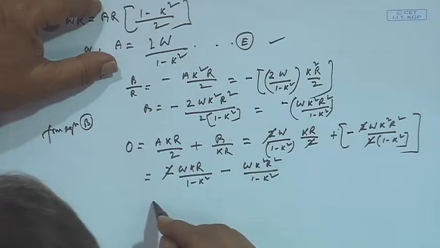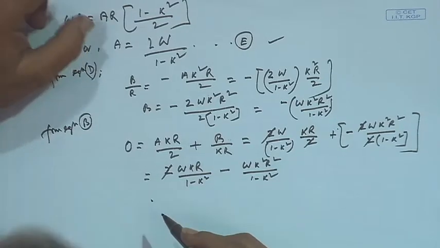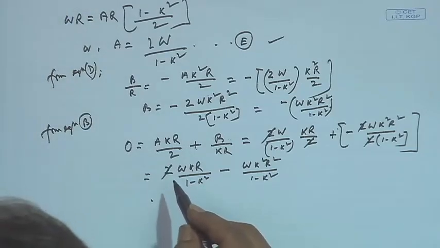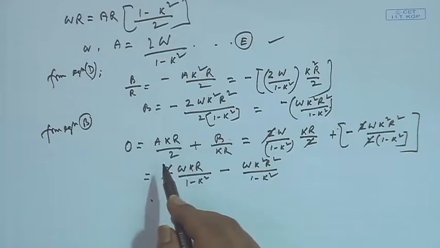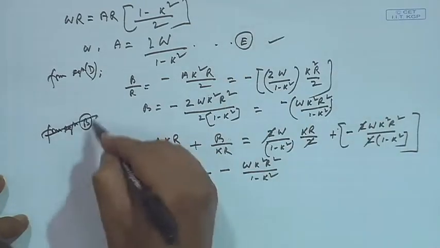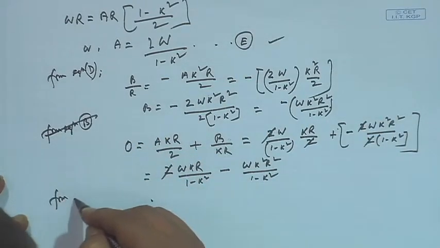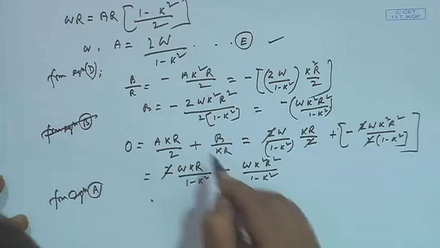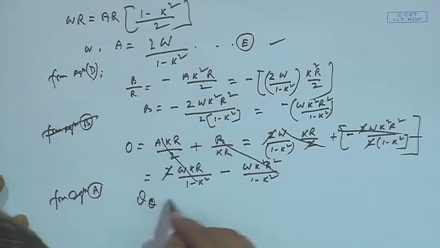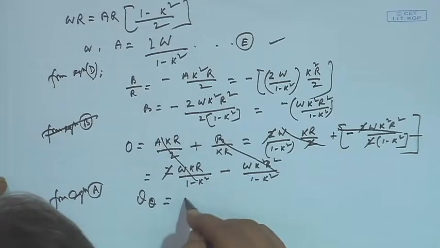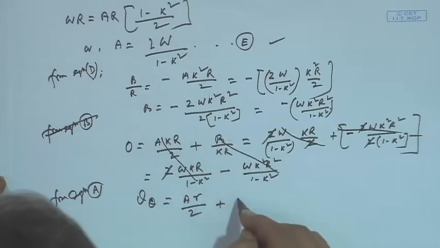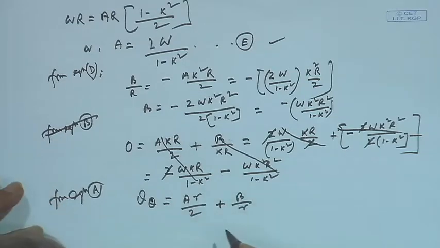So, if that is true, we can write this. This substitution we should have done not here, we should have done at this equation A. From equation A, sorry, this should not have been, otherwise V theta is not coming. V theta is A R by 2 plus B by R, right.